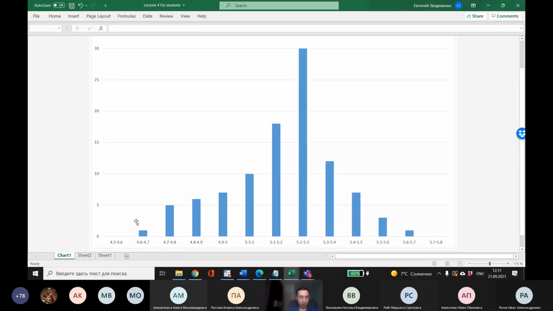For example, the number of sample averages between 4.6 and 4.7 is really small, and the same can be said about this interval and this interval. Once we move closer to the population average, bins are higher, meaning that more and more sample averages are concentrated around the population one.